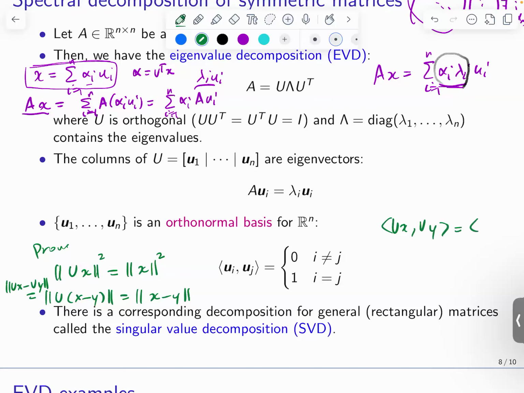You can also show it directly. So inner products remain the same under the action of U, and so the angles remain the same. So the geometry remains the same. Rotation is an example, reflection is an example. I'm not sure if that's the only thing, but that's roughly what happens.